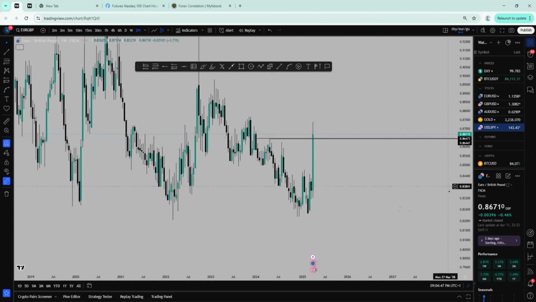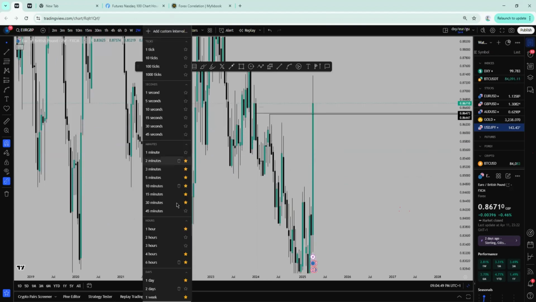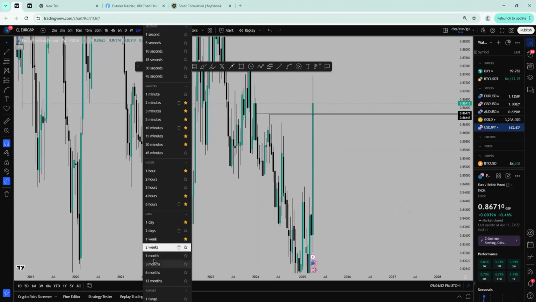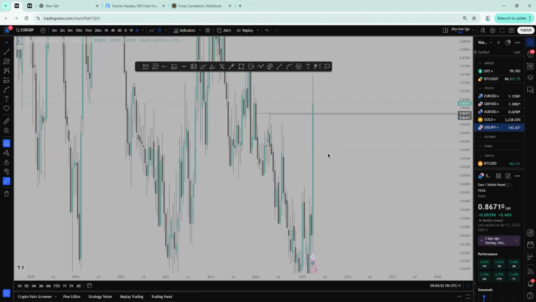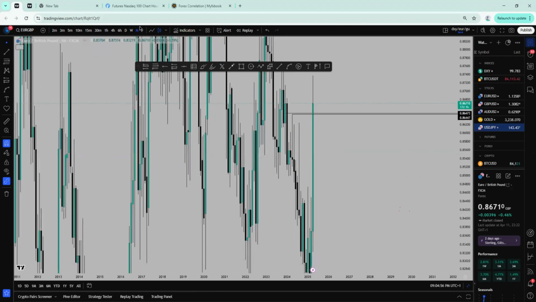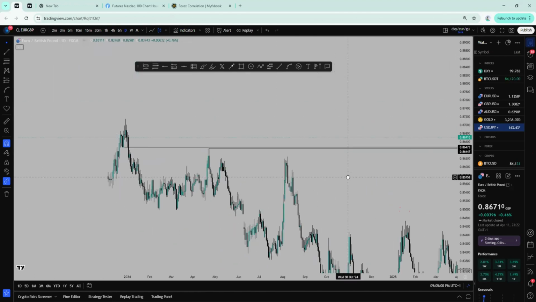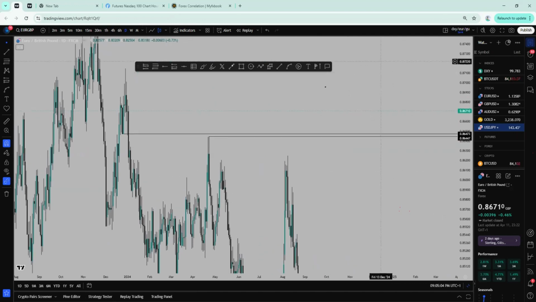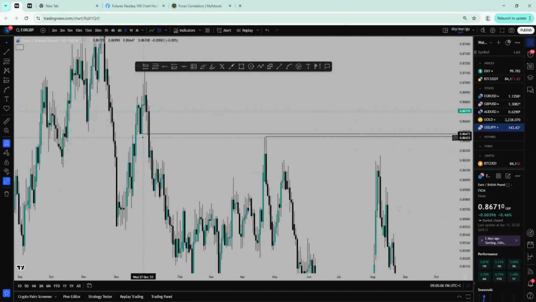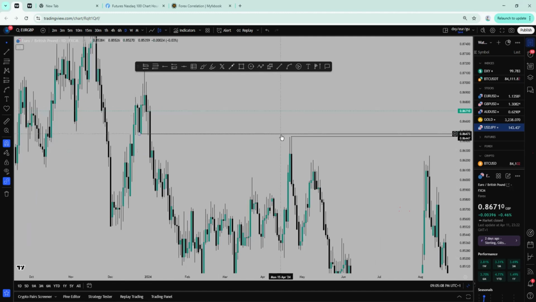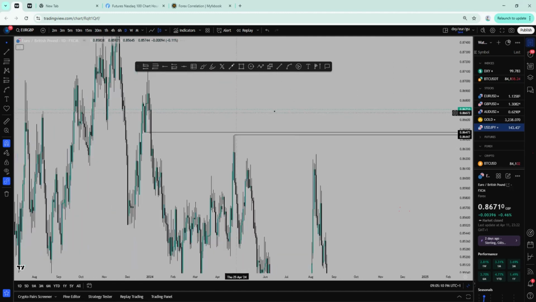Was it a monthly time frame? I remember I talked about this fair value gap, saying it's like a hidden fair value gap or something. I don't know which time frame I saw it in. Okay, it wasn't actually a fair value gap, but it was this area of a breaker which this guy did not mitigate, and I said that would be a good area for price to come back to.